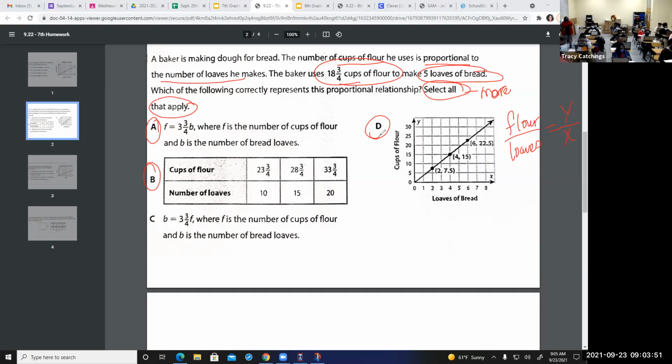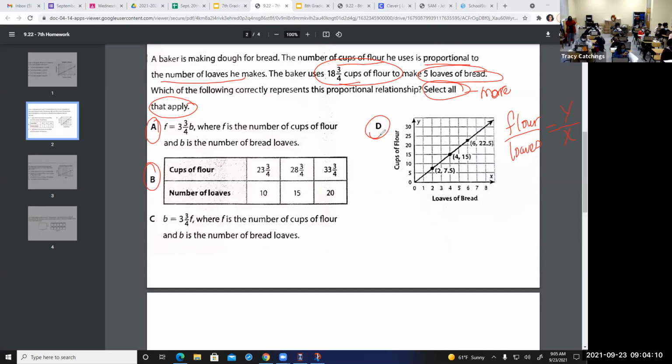What about D? I heard 3 answers, A, B, D. What told you A, B, D? D, the constant of proportionality is 3 and 3/4. What told you 3 and 3/4?